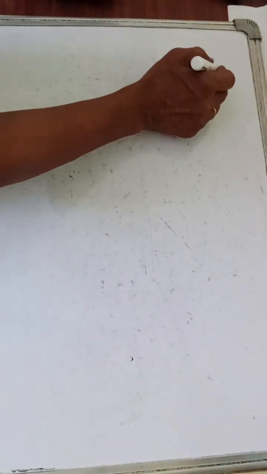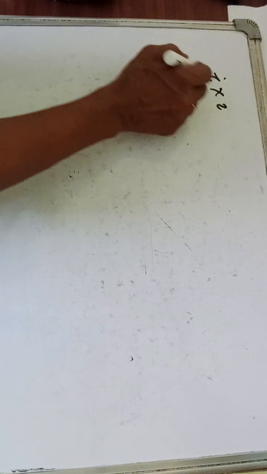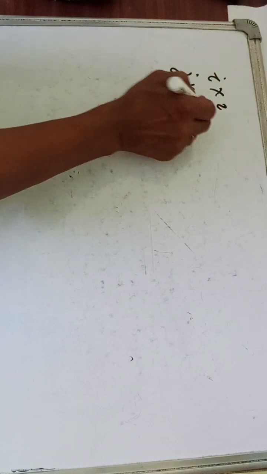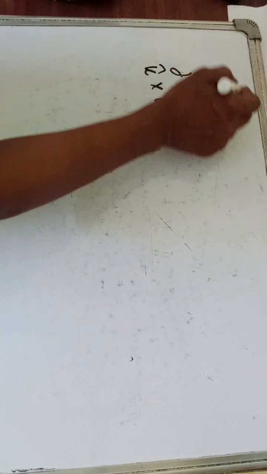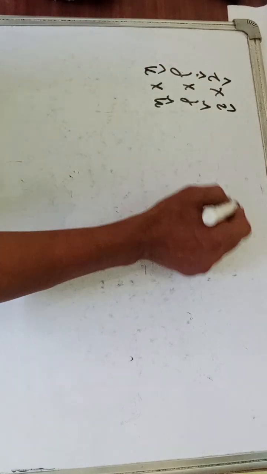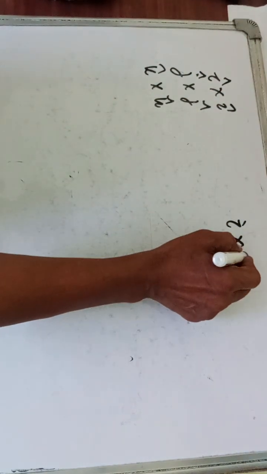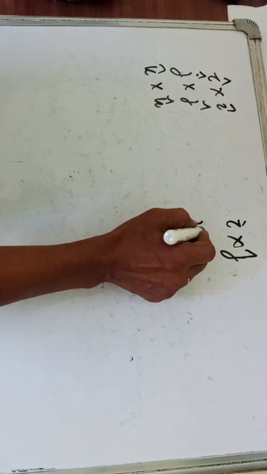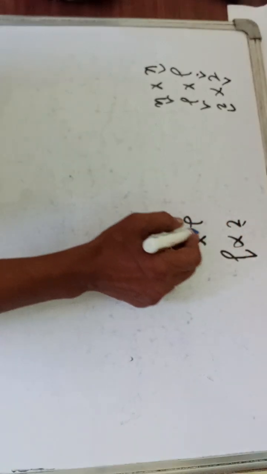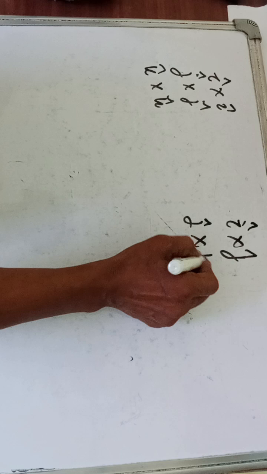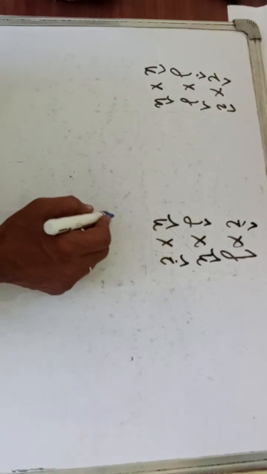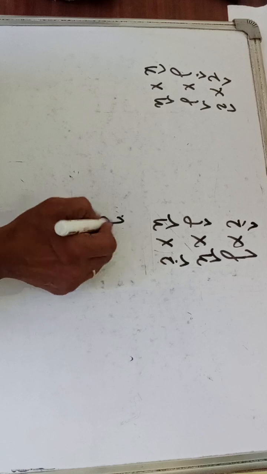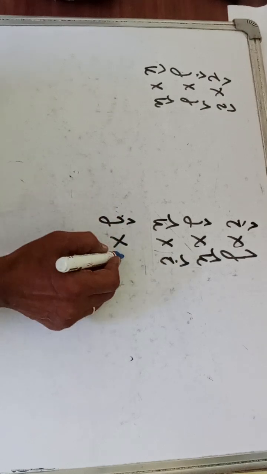Now, what about the cross product of unit vectors: i cross i, j cross j, k cross k? What about i cross j, j cross k, k cross i? What about j cross i?